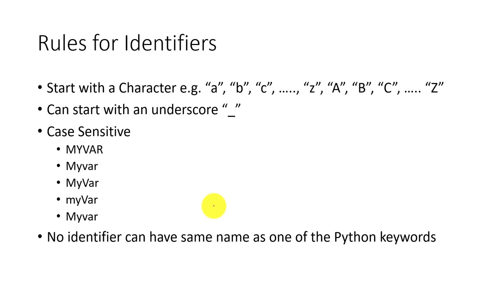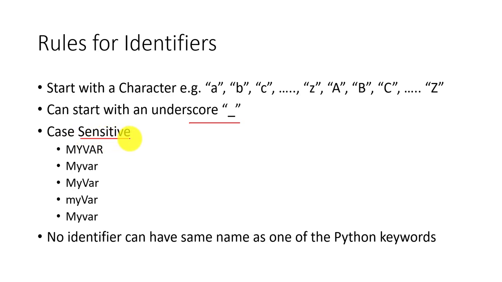First rule is that the first letter of the variable or identifier name should be a character. It can be a lowercase or uppercase character. Second, the variable or identifier name can start with an underscore as well. And the third rule says the variable or identifier names are case sensitive.